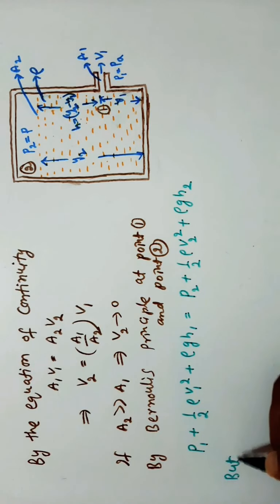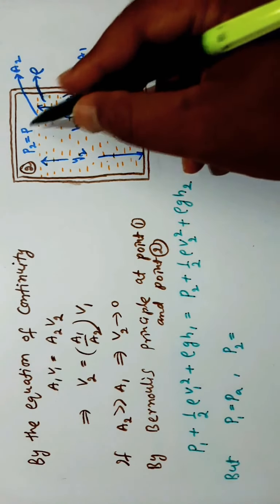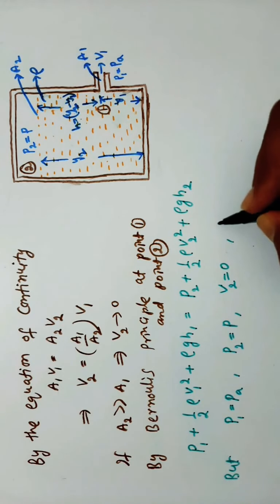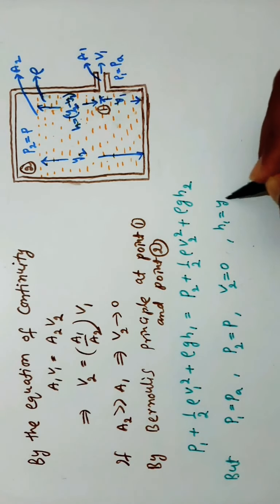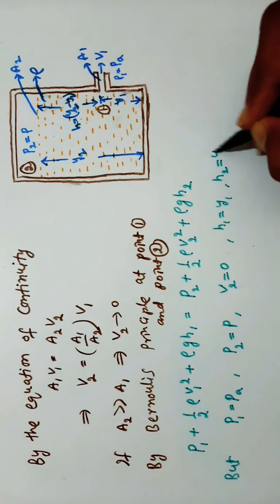But here P1 is equal to PA, P2 is equal to P, and V2 is equal to 0. Here H1 is equal to y1, H2 is equal to y2.